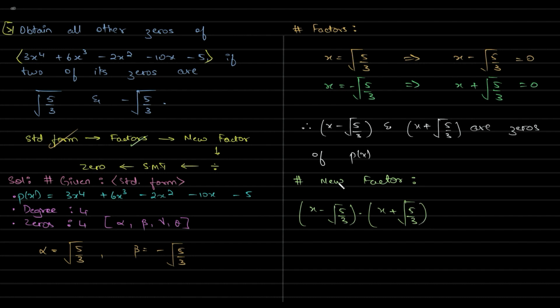This is in the form of a minus b into a plus b, which is nothing but a square minus b square. So this is x square minus square root of 5 by 3 the whole square. The square and square root get cancelled, so this is nothing but x square minus 5 by 3.